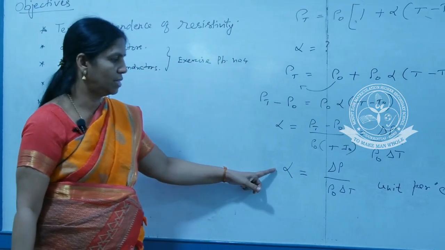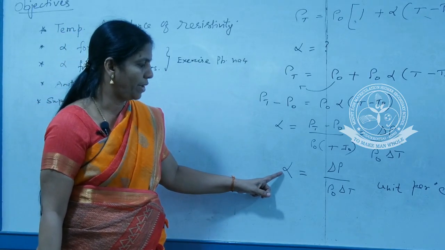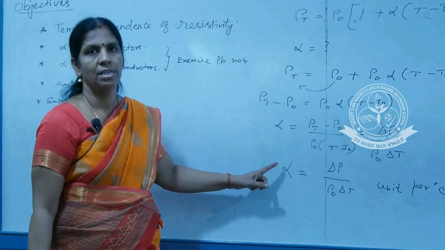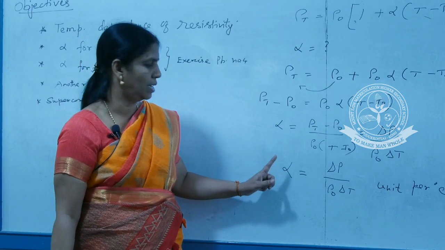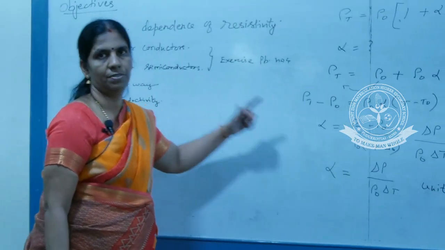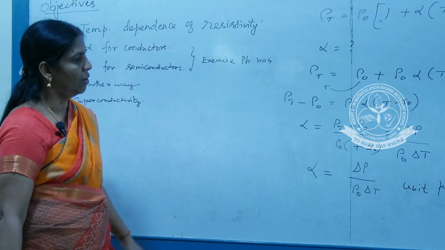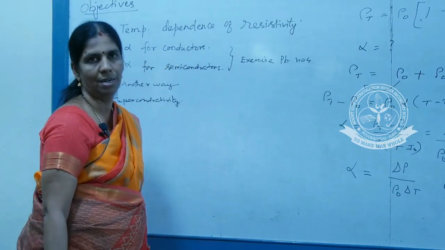See, this alpha value is variable, that means it depends upon the nature of the material, whether it is a conductor or a semiconductor. Now let us learn what the alpha value is for conductors.